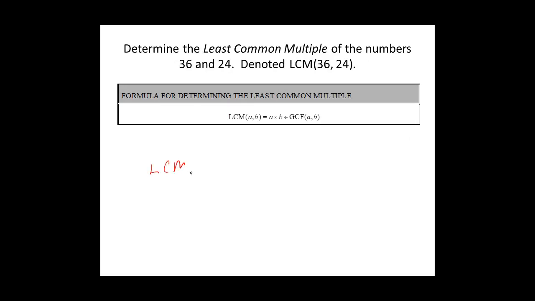The LCM of 36 and 24 is equal to 36 times 24 divided by the GCF of 36 and 24. We determined the GCF of 36 and 24 to be the number 12.